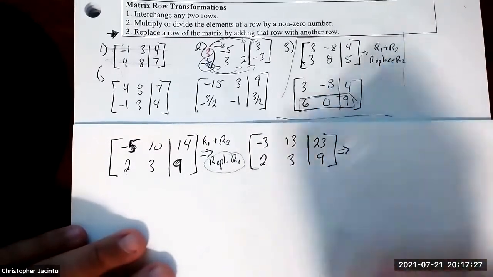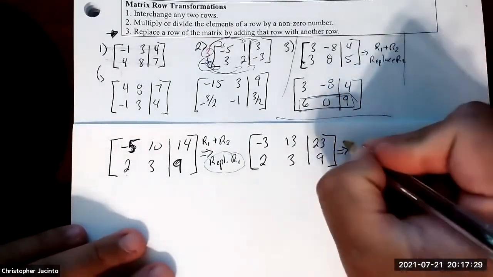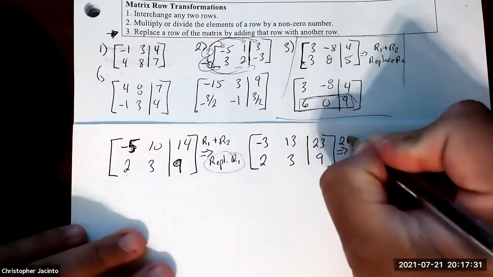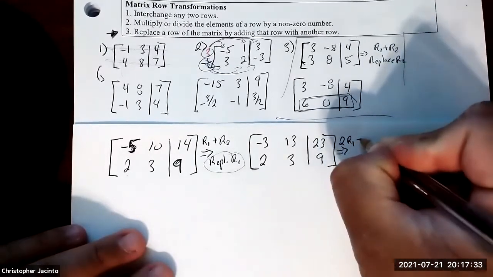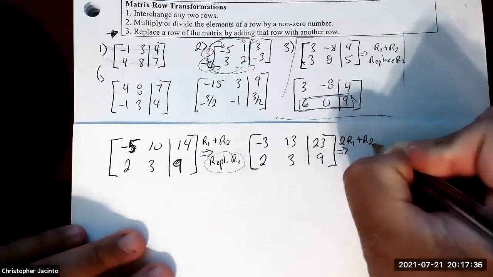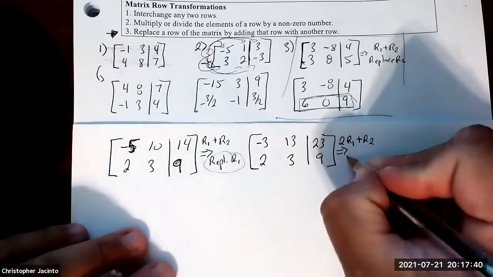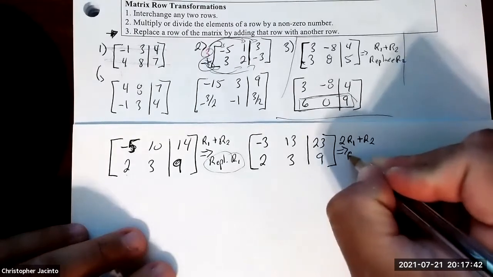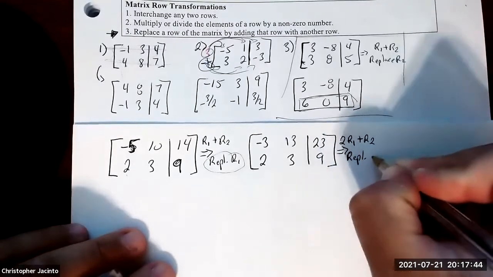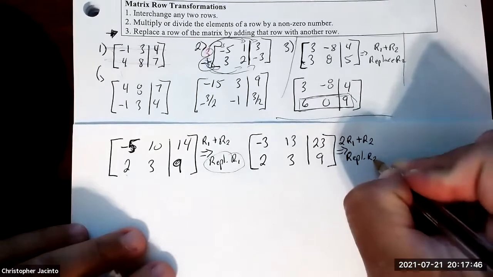So I can keep going and say, now I'm going to do 2 times row 1, and then I'm going to add it to row 2. And I'm going to put the result in, let's say, row 2.